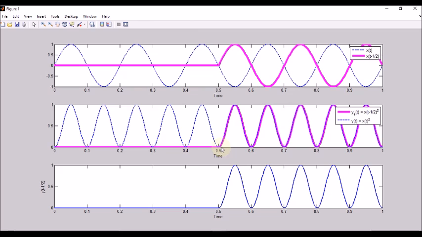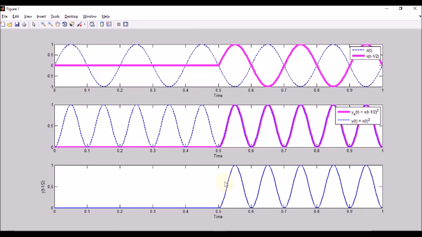The output is still 0 up to the time of half a second. The third graph corresponds to the output being shifted by the same time of half. So you can see that y of t minus half, which is obtained from the blue graph in the second row, on shifting it by half a second.